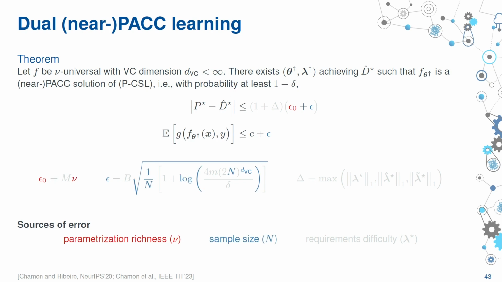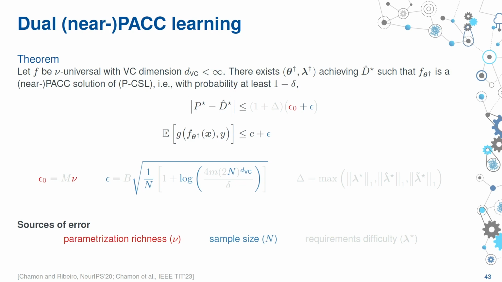And that quantity epsilon is also describing the lack of feasibility in the constraints, right? But remember that as n grows, this epsilon is small, right? So there are two things happening here. As the number of samples grows, this blue epsilon goes to 0. As you introduce a richer parametrization, this red nu is the one that becomes small.